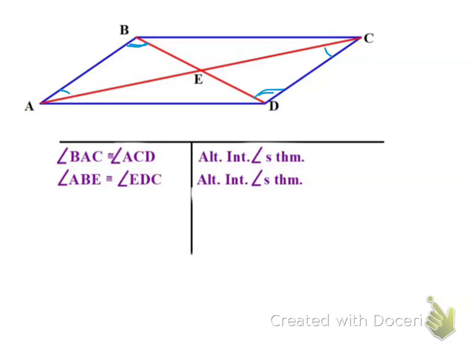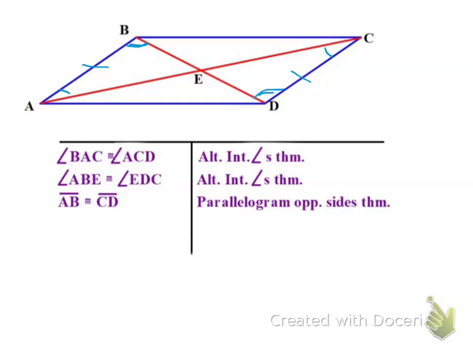Not using the entire angle ABC because it got divided by the diagonal. So I'm not using the whole angle here. I'm just using the angles inside the two triangles. And you know what? Segment AB is going to be congruent to segment CD. Why? That's right, because of opposite sides of a parallelogram. Parallelogram opposite sides theorem. So these two sides are congruent.